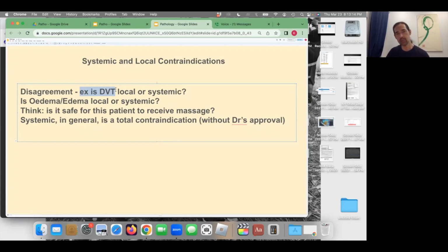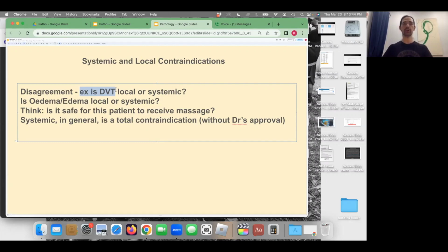And some people say, well, the DVT is in the leg, so that's local. I should be able to work on the person's back, the person's neck, etc. And yeah, that's one perspective. But the deep vein thrombosis is affecting the circulatory system. So you could make the argument that it's actually systemic. Maybe it's a local manifestation, but there is definitely a systemic effect.